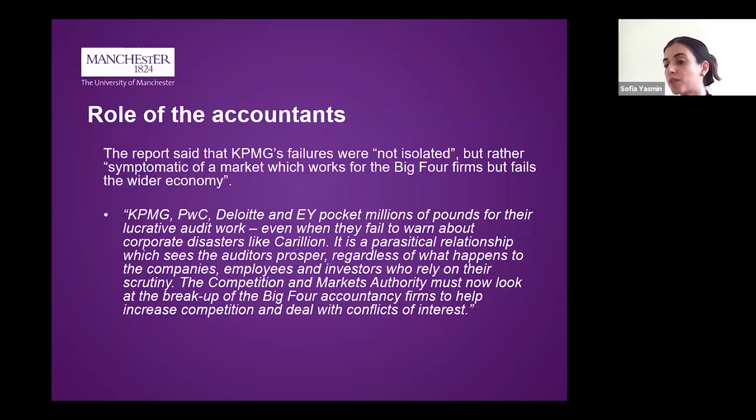And I thought this was a really good quote that I picked up from this report. It said that within this particular case of Carillion, all of the big four had some part to play: KPMG, PwC, Deloitte, and EY.